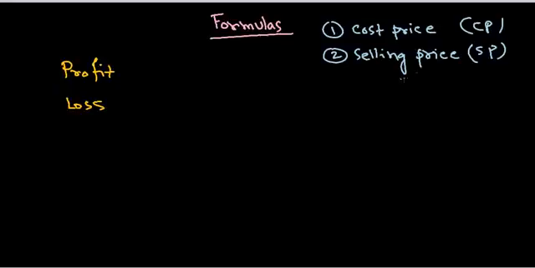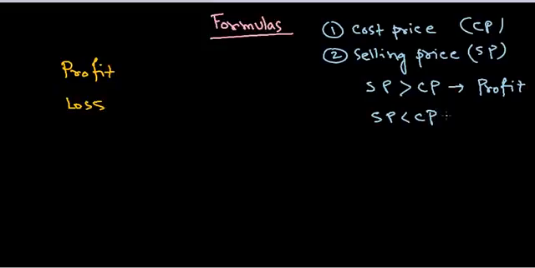Definitely, if the selling price is greater than the cost price, it's a profit, and if the selling price is less than the cost price, it's a loss. Suppose you buy something for 5 and sell it for 3, rupees or dollars, whatever your currency is. If you buy it for 5 units and sell it for 3 units, it's a loss. So this is the major thing to look for.